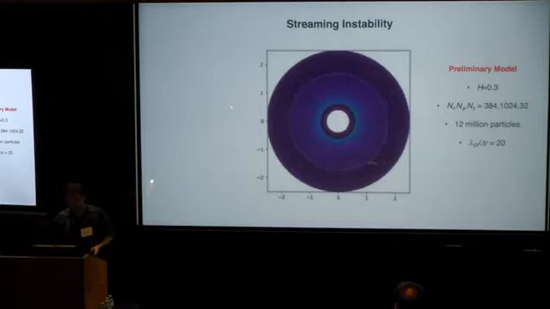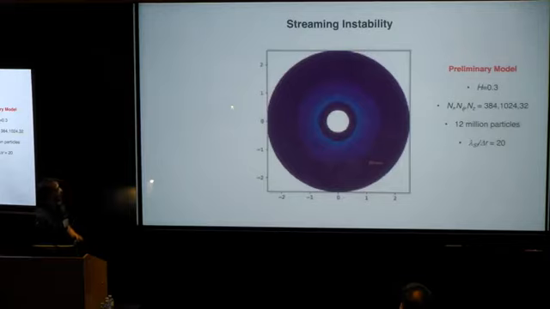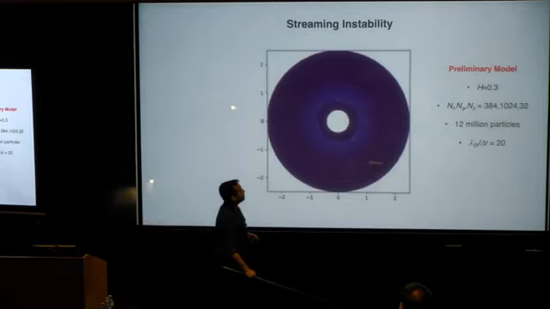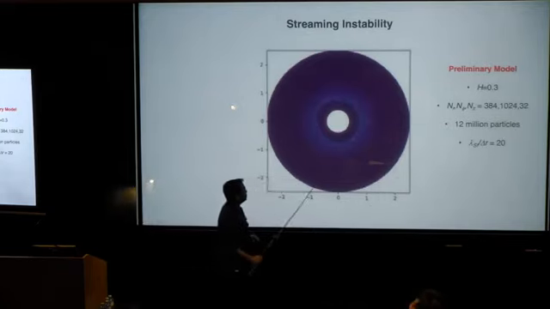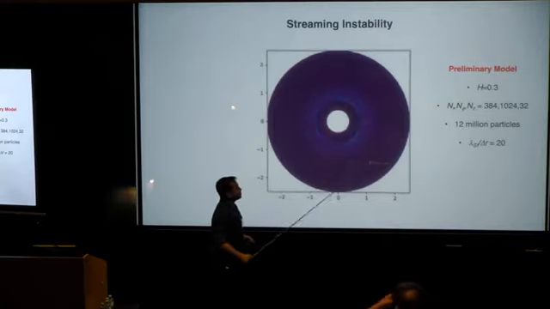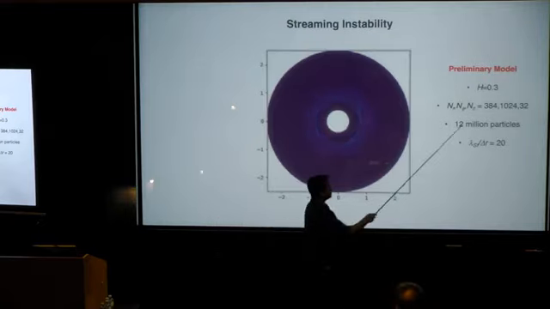This video here is very low resolution, as you can see. You forgive the students; they are ESL learners, as we all are. So this is a preliminary model of the streaming instability in 3D. As you can see here, the resolution is low.